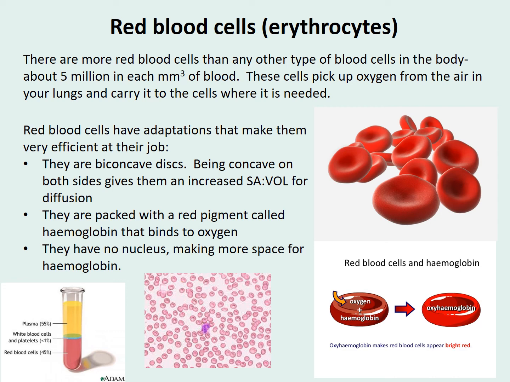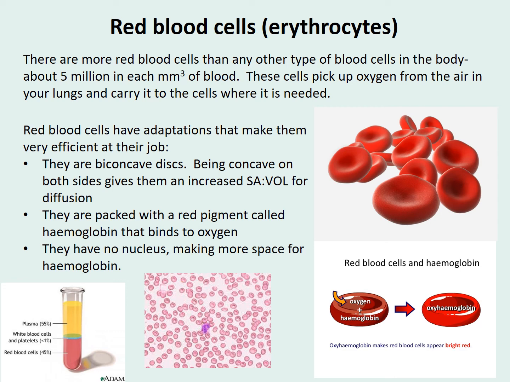Now, they are adaptive for their function in several ways. They are a biconcave disc, and that just means that there's a bigger surface area. Where it dips in the middle, it increases the surface area so that more oxygen can diffuse across it. They've got that red pigment that I spoke about, hemoglobin, and that binds with oxygen.